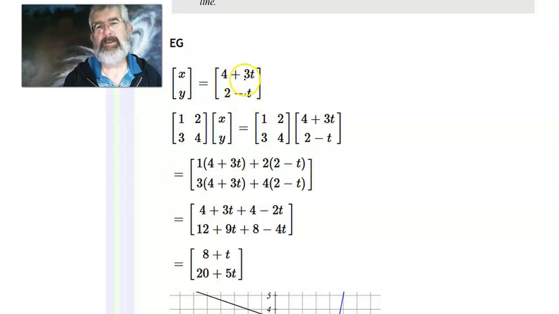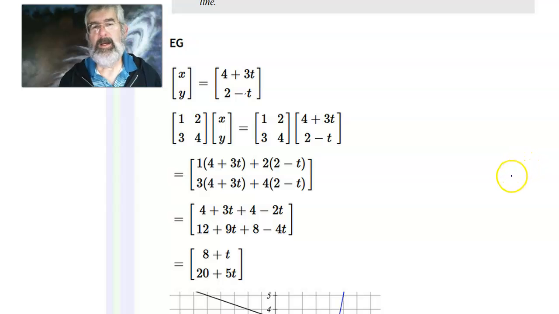And so this is going to be linear, that's going to be linear. You do this multiplication, it'll look just like this. The constants will combine and the t's will combine, and you'll end up with some linear relationship here. The first component is linear, the second component is linear. You've got the description of a line.